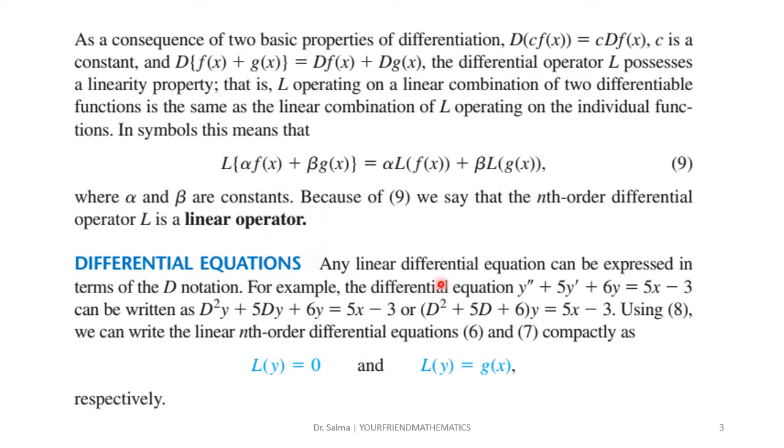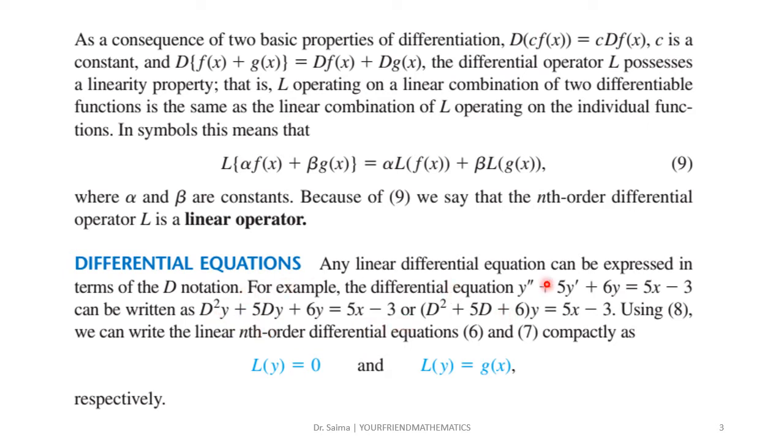Now if we have a differential equation, we can write it in the form of a differential operator: for y double prime we can write D square y, for y prime we can write Dy, and y is equal to f(x) minus 3.